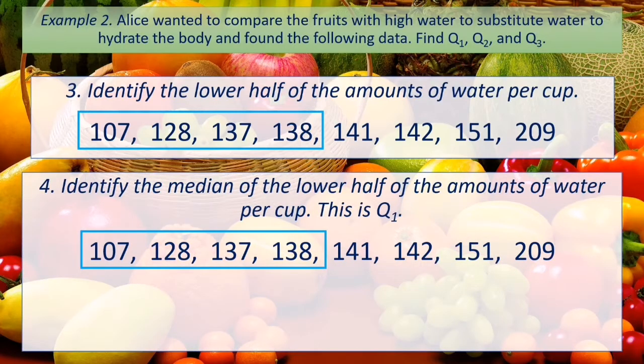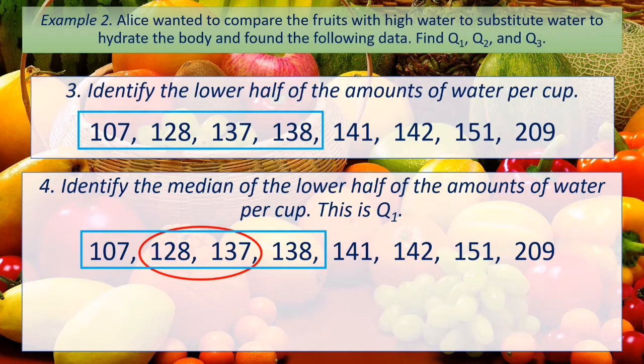Next is to identify the median of the lower half of the amounts of water per cup. This is the first quartile. So we have the median, 128 and 137. As you notice, we have two values.